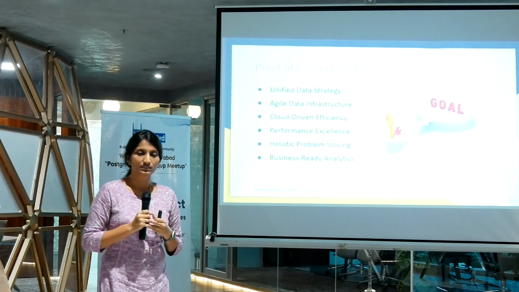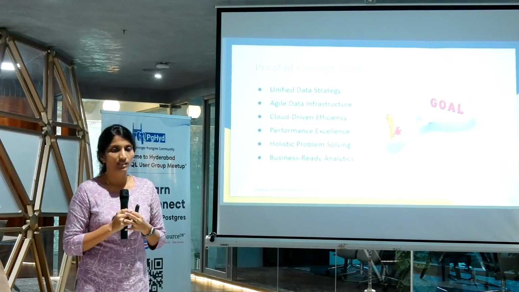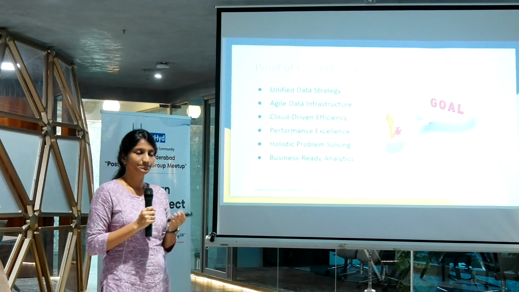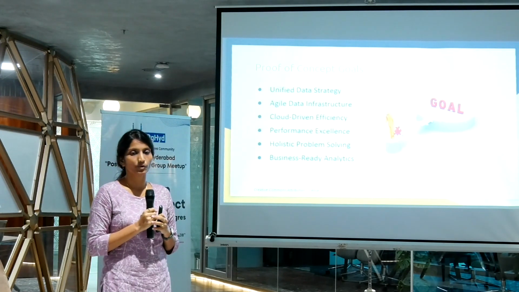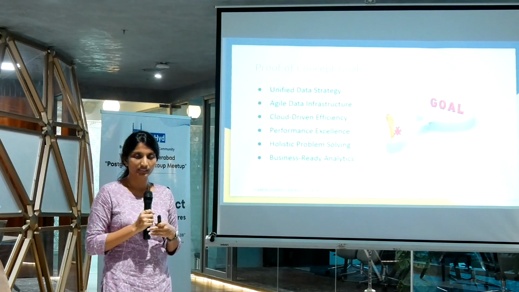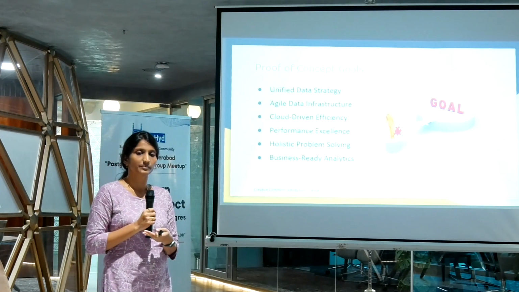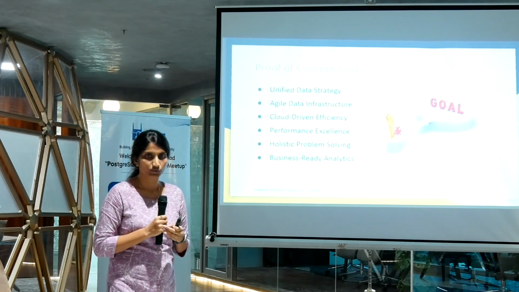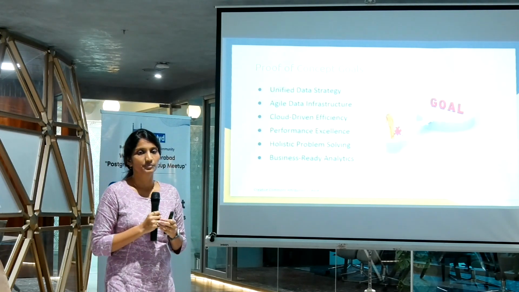And S3 is also a scalable archiving storage. By this, not only the current data needs, we can also satisfy the future business data needs. So this is the agile data infrastructure we are going to achieve in this POC.